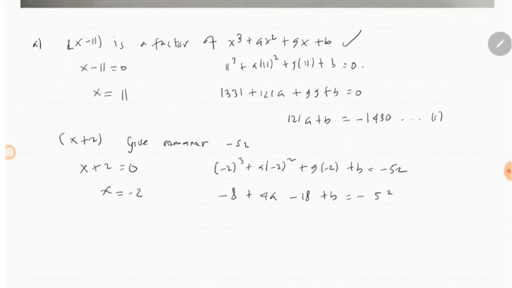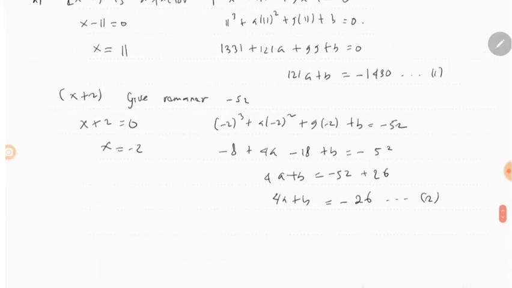So 4a plus b equals negative 52 plus 26, which is negative 26. This is the second equation.